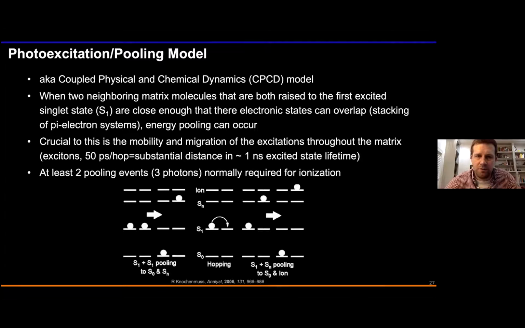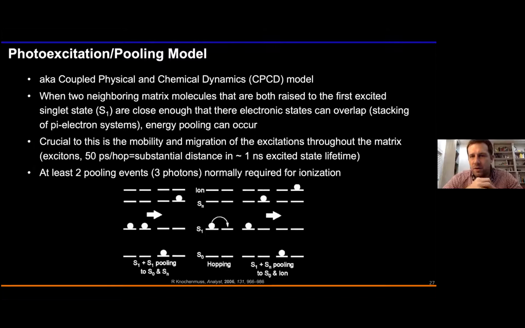So they've both absorbed a single photon from the laser. And they're close enough in proximity that their electronic states can overlap, and then you can pool the energy. So essentially you get transfer of one photon's worth of energy to one matrix molecule, and that goes to a second excited state. And then the other molecule drops back down to the ground state.